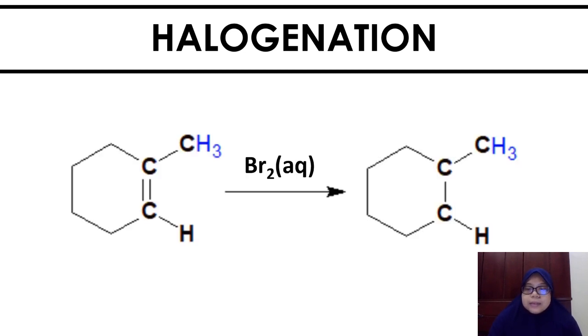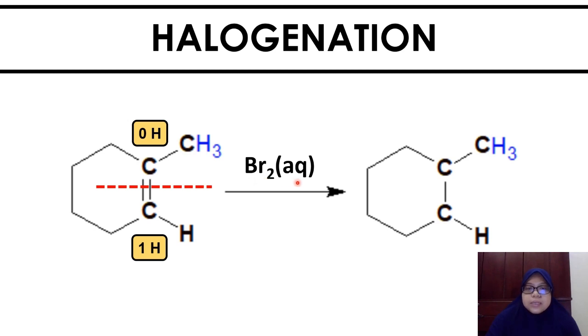So look at this example. When we divide our alkene, our carbon-carbon double bond, we will see that the carbon above doesn't attach to any hydrogen, while the carbon below is attached to only one hydrogen. Means that it reacts with bromine aqueous, which is bromine dissolved in water.